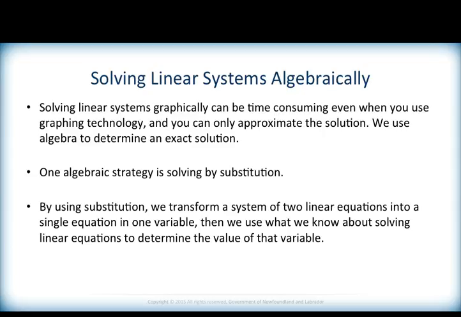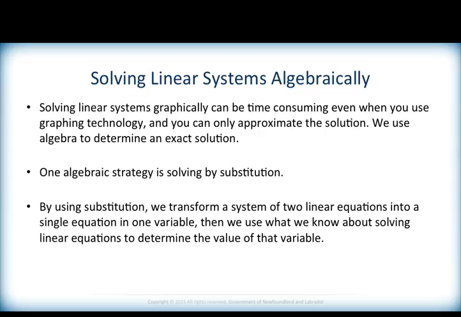So when we solve linear systems algebraically, this can be a faster method compared to when we solve systems graphically. Because when we look at two equations and we're being asked to place them on a coordinate grid, this can be very time consuming even when you actually use the graphing technology that is involved.